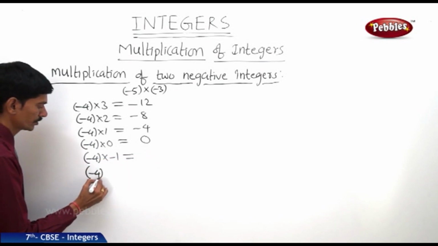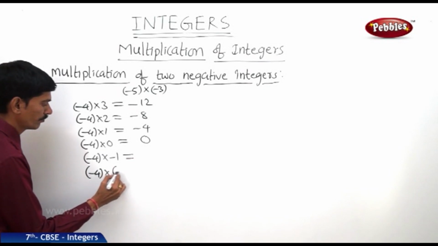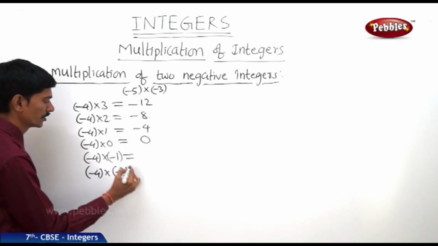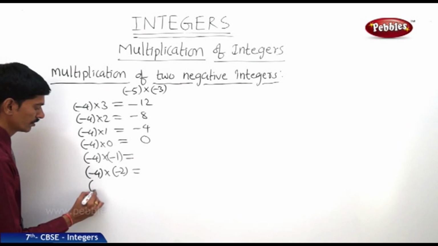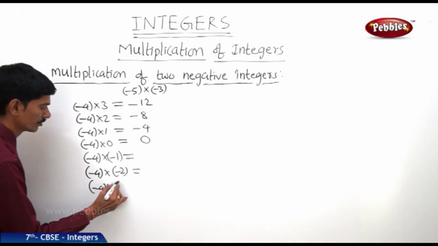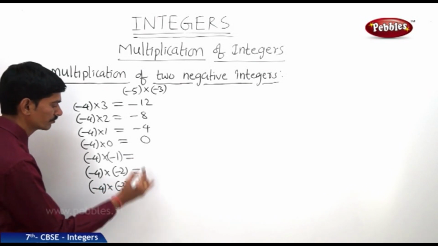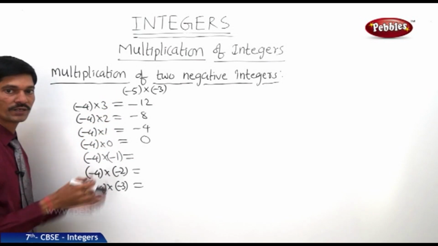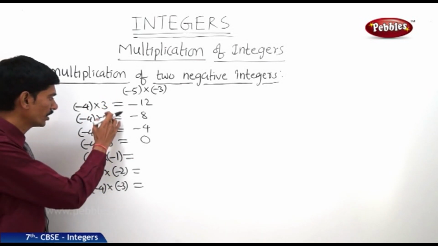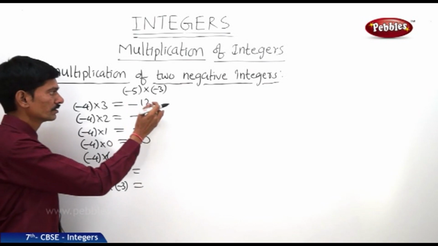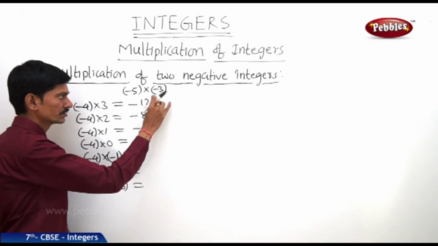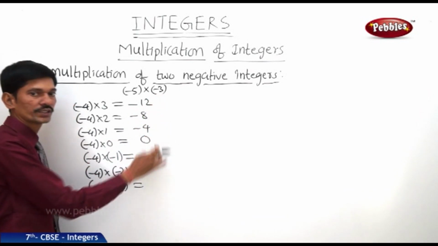And minus 4 into minus 2 equals to what? Then minus 4 into minus 3 equals to what? Now when you decrease the multipliers by 1 each time, then the products are increased by 4 each time.